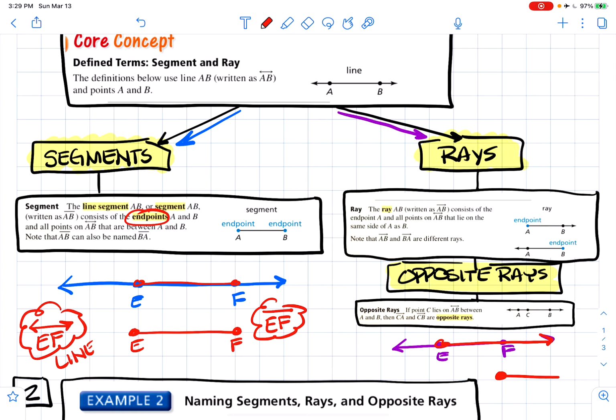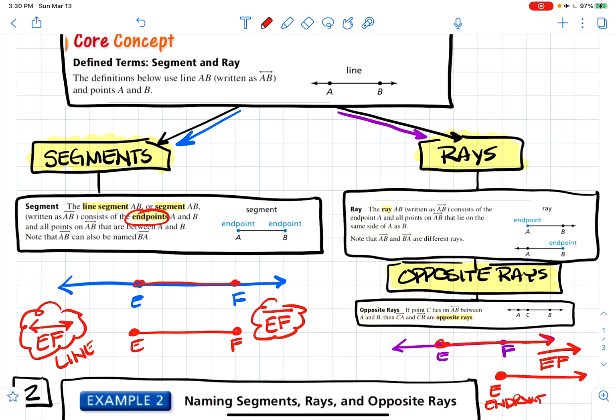So I have an endpoint and then a direction. So E represents our endpoint, and then the ray just shoots off in another direction. So we would label this as ray EF, and we would draw it with an arrow that points in that direction with the endpoint labeled first, right? The endpoint is labeled first.